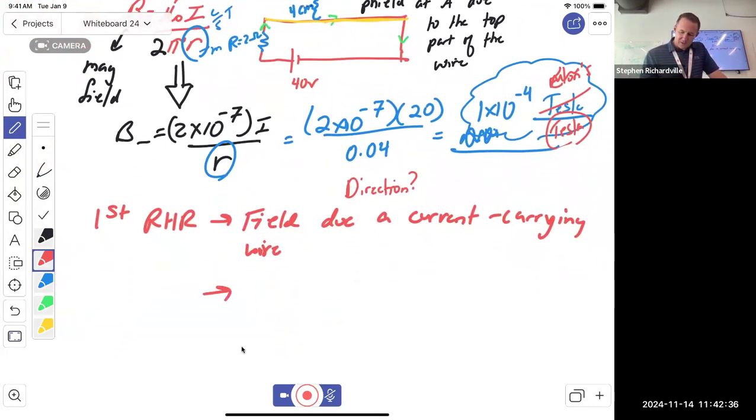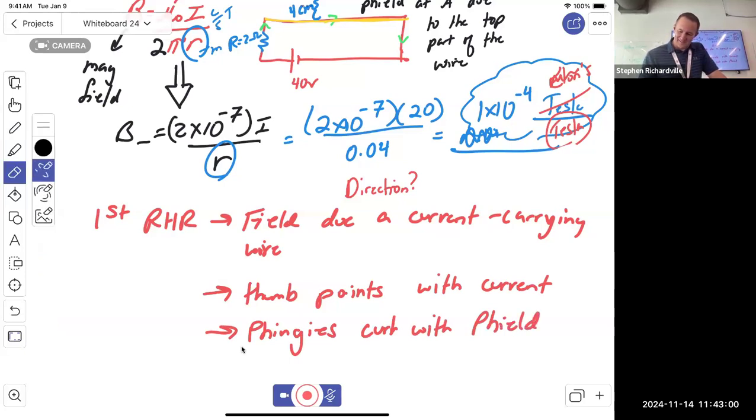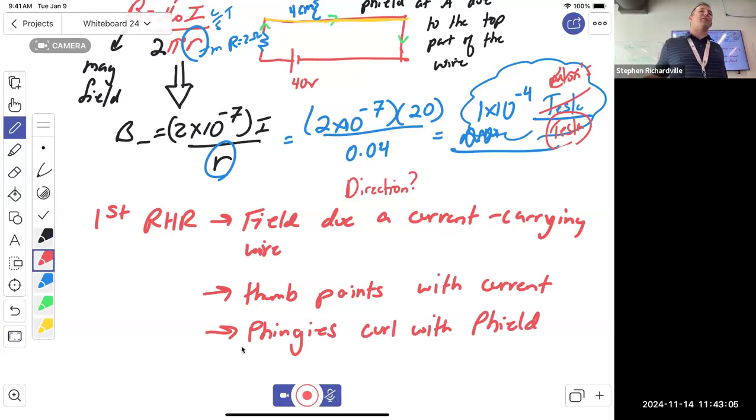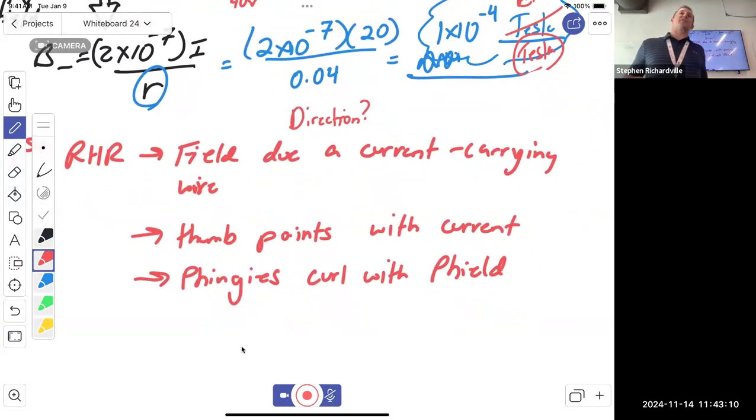Thumb points with current. You want a different version of this, you go online and find something else. All right. Your thumb points to the current, your fingers curl with the field.